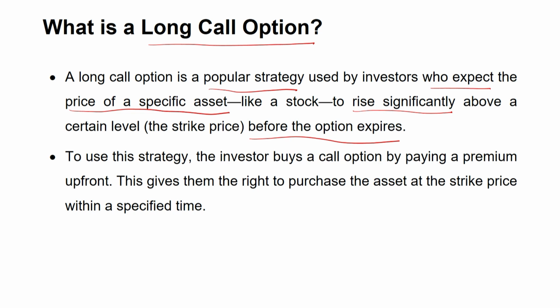So, they take a long position. By using this strategy, the investor can buy a call option, pay an option premium or upfront cost, and have a right to purchase the asset at the strike price, even if the prices in the real market increase above the strike price.